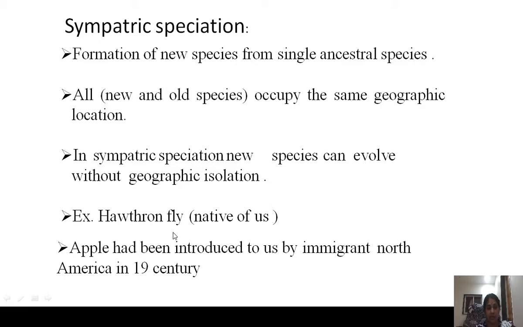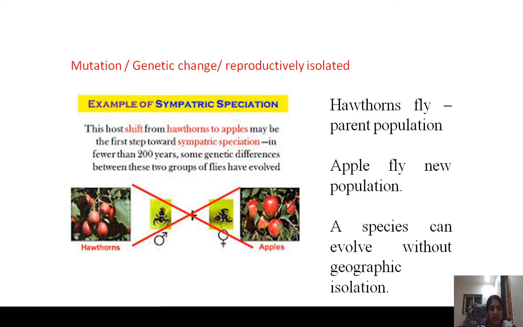An example is the hawthorn fly. As we know, the hawthorn fly is native to the US. Apple had been introduced to the US by immigrants to North America in the 19th century. So the hawthorn fly is the parent population and the apple fly is the new population. A species can evolve without geography.